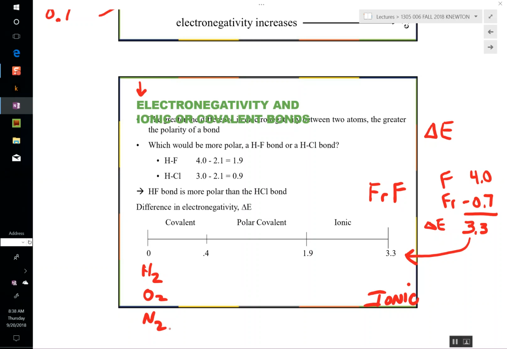All right, so what we are going to say is from 0 to 0.4, and these are delta E's. This is your difference in electronegativity here. If it's 0.4 or less, we're going to say it is roughly a covalent bond. Is it a pure covalent bond like a diatomic molecule?